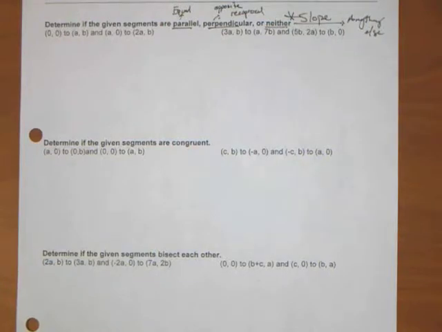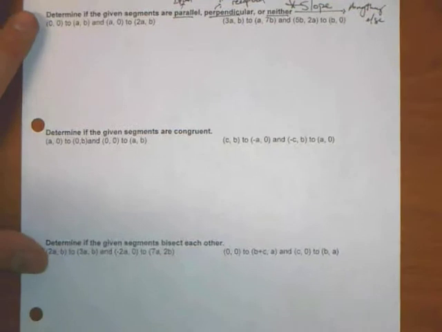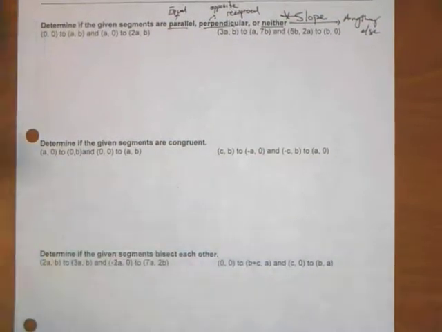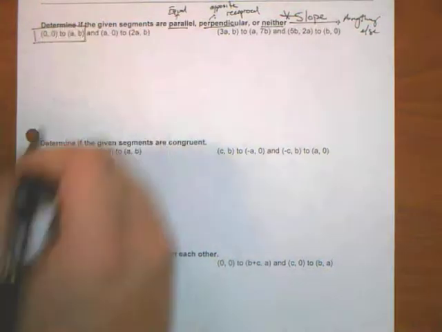So maybe I apply the slope formula to each of these. In the interest of time, I'm going to do just the ones on the left side, and you can save the ones on the right for extra practice if you want, or you can ignore them. It's totally your call. Okay, so determine if they are parallel or not. I'm going to find the first slope here.